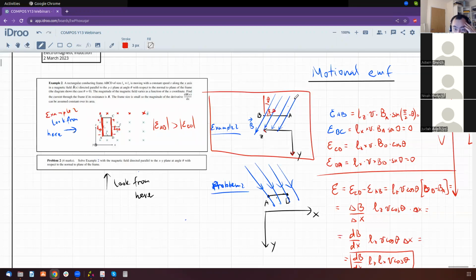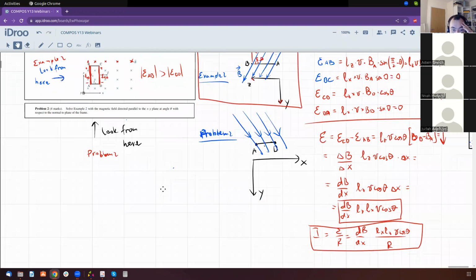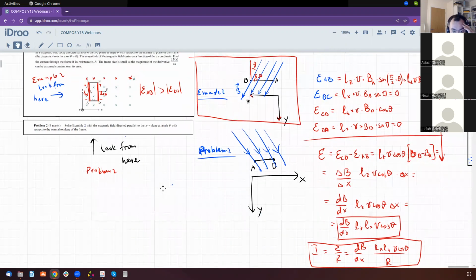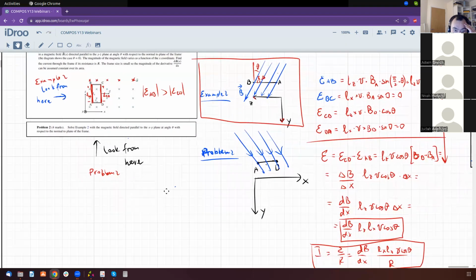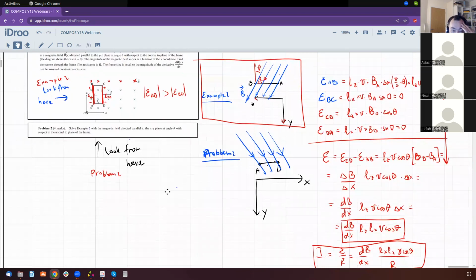So this is just a diagram of the same thing from the point of view of example 2, and this is for problem 2. And so for problem 2, well, it's the same. The answer is going to be the same. So what are we talking about?